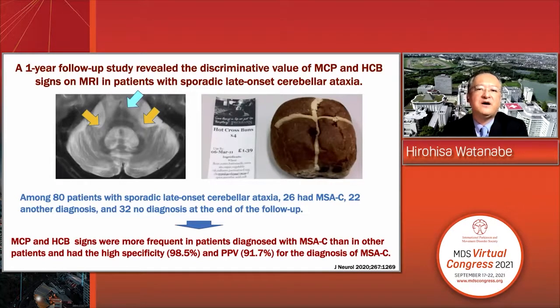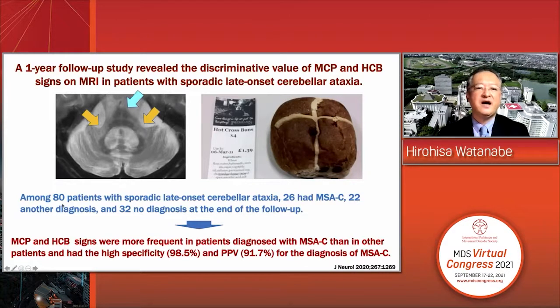MRI also provides useful information for the diagnosis of MSA. A one-year follow-up study revealed the discriminative value of middle cerebellar peduncle and hot cross bun signs on MRI in patients with sporadic late-onset cerebellar ataxia. The yellow arrow shows the hyperintensity in the middle cerebellar peduncle, and the blue arrow shows the hot cross bun sign, like this one.